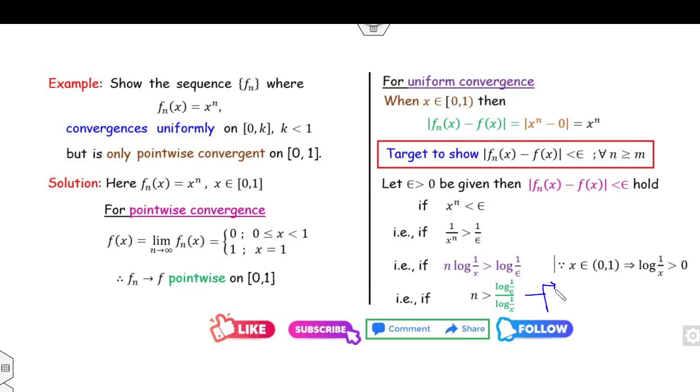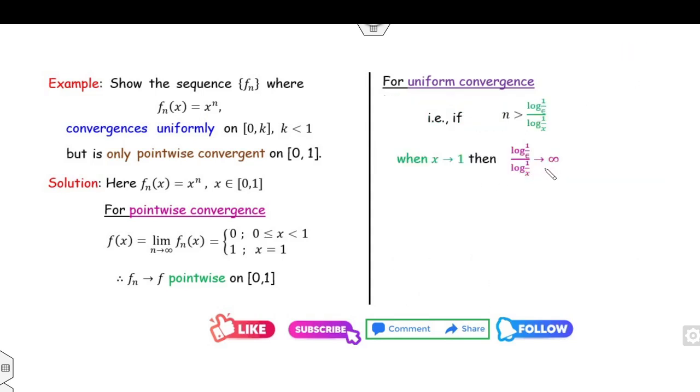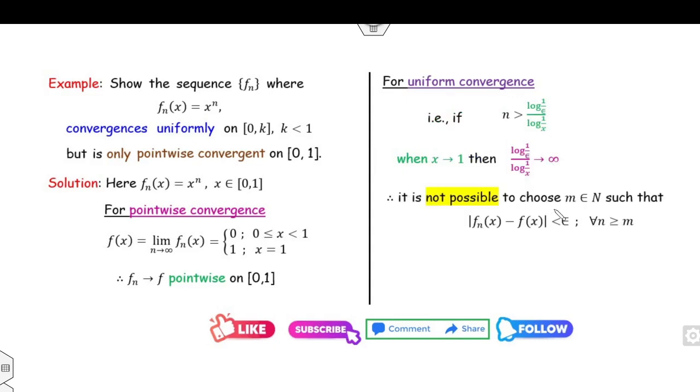Again, you have two different cases. In case 1, the numerator value is this, and the denominator is log x. Can you find the value of x so that it becomes infinity? Yes, definitely. If x approaches 1, then this will be infinity. Therefore, we can't choose the value of N. What is the meaning of that? f_n does not converge to f uniformly on any interval which contains 1.